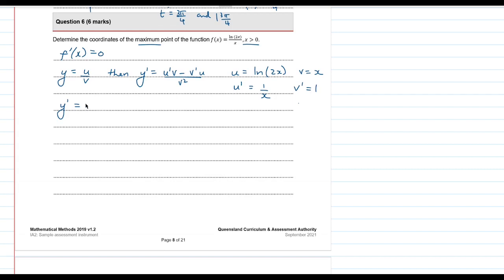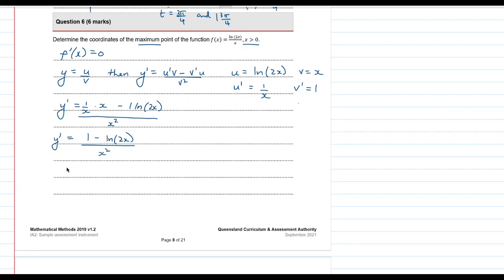That's u dash times v, which is x, minus v dash, which is 1, times u, which is ln 2x, all over v squared, which is x squared. This simplifies to 1 minus ln 2x over x squared.